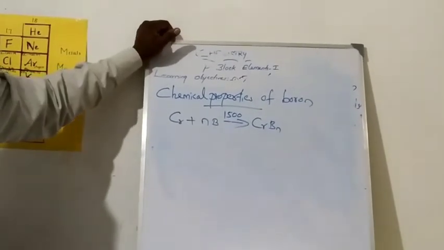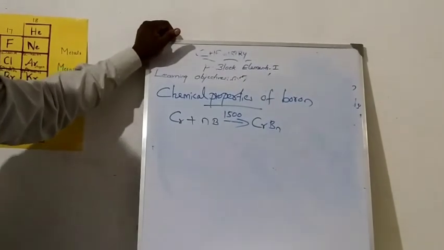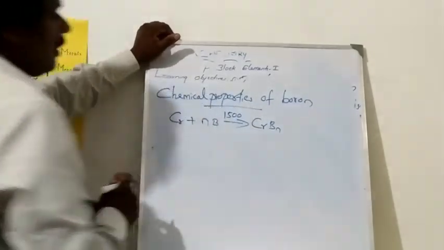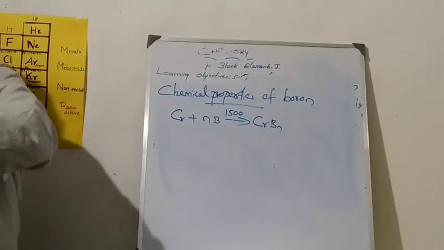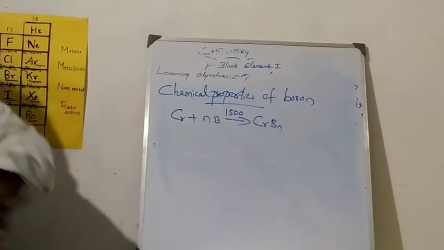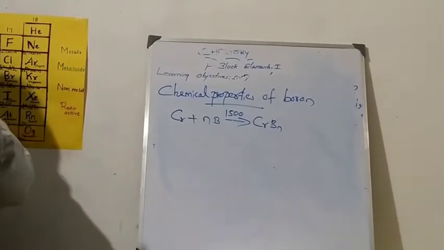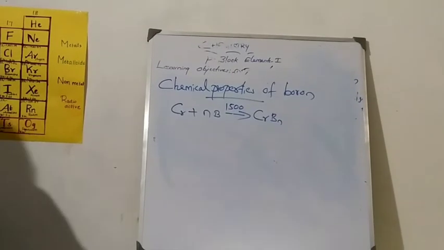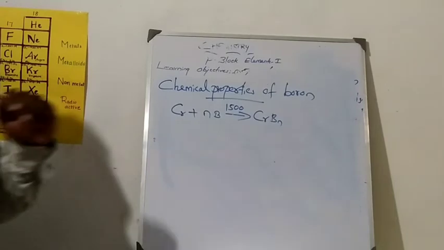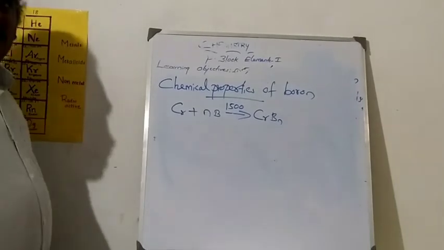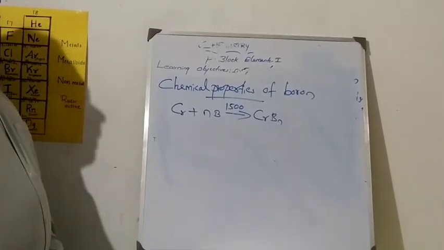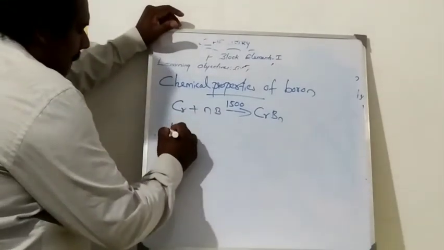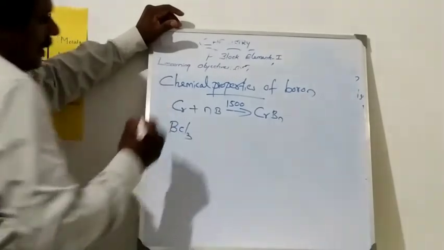Next one, the reduction of boron trihalide. We are taking boron trichloride. What is the formula for boron trichloride? BCl3.